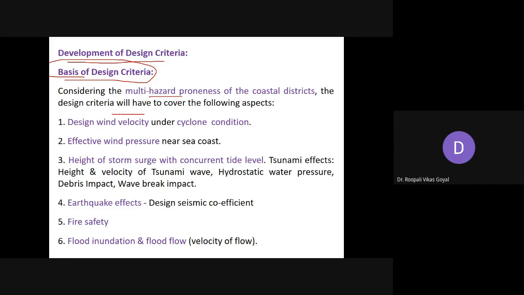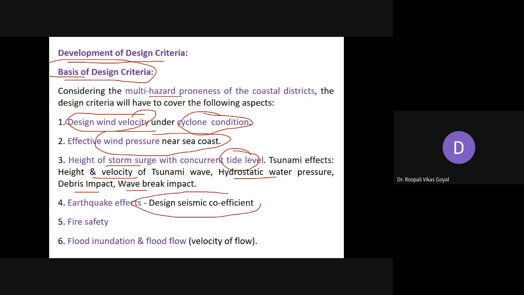You have to find out the design wind velocity under cyclone condition: if a cyclone comes, how much wind velocity is possible; effective wind pressure near your sea coast; height of storm surge, how much height is possible, with concurrent tide level; then tsunami effects, that is height and velocity of tsunami waves; hydrostatic water pressure, how much the pressure can increase; then debris impact, as some debris will also be coming; then wave break impact due to waves, some breakage may take place; then earthquake effect, so design seismic coefficient.